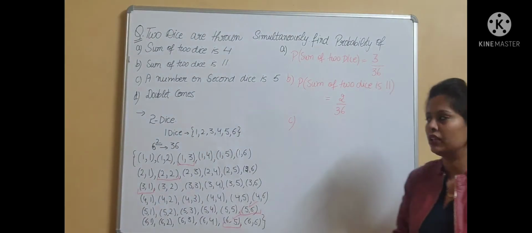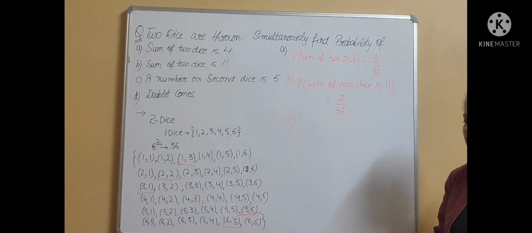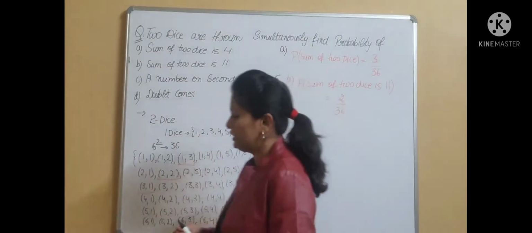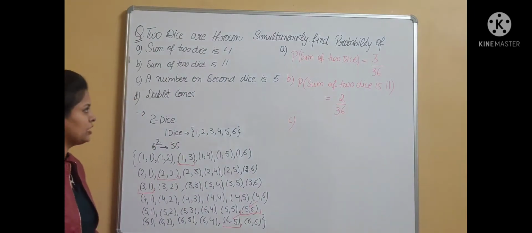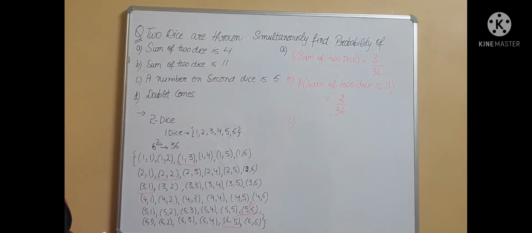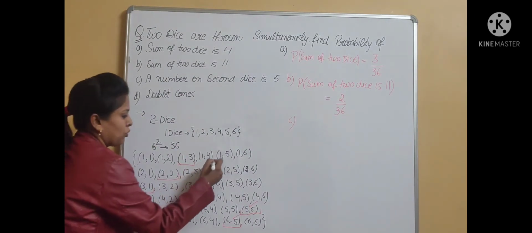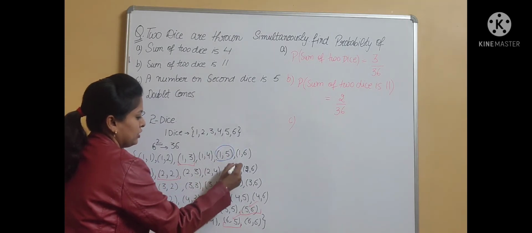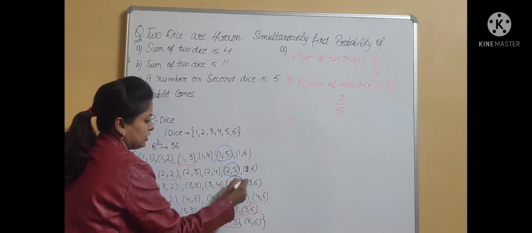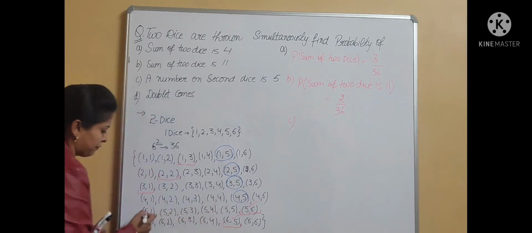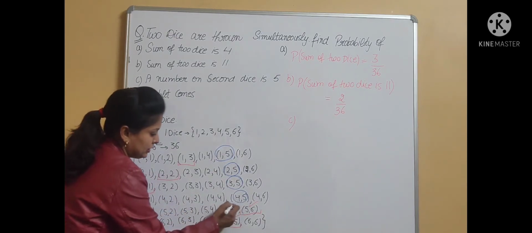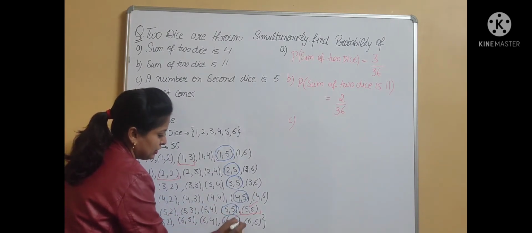Next, the number on the second die is 5. You have to take the cases in which the number on the second die is 5. So the favorable outcomes are this one, this one, this case, next is this case, next is this case.